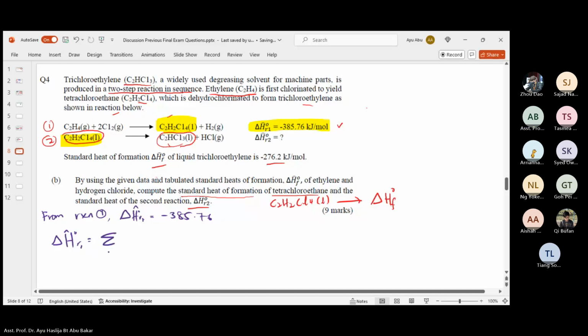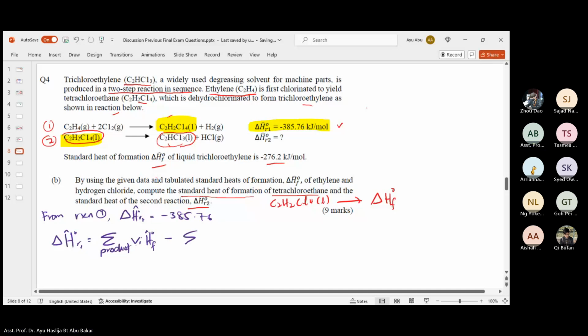So this is the product, the total heat generated from the products, minus the reactants, where R is reactant. The heat of reaction for reaction 1 is already given.